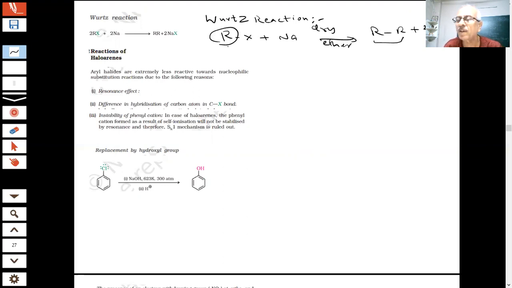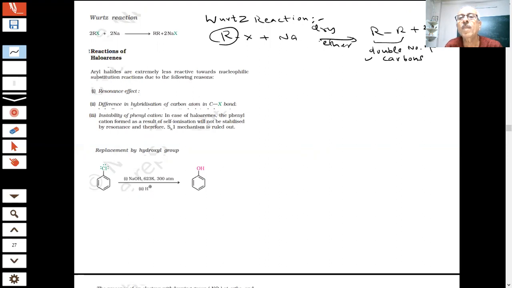Now here this was R, this has become RR. What has happened? The number of carbons has doubled. Whatever number was here, the number has increased, double the number of carbons. RX goes to RR.